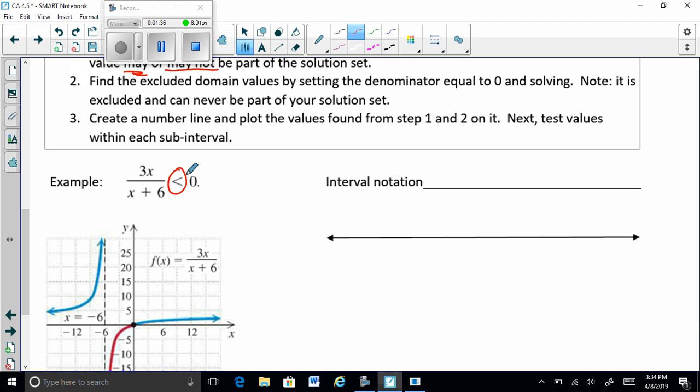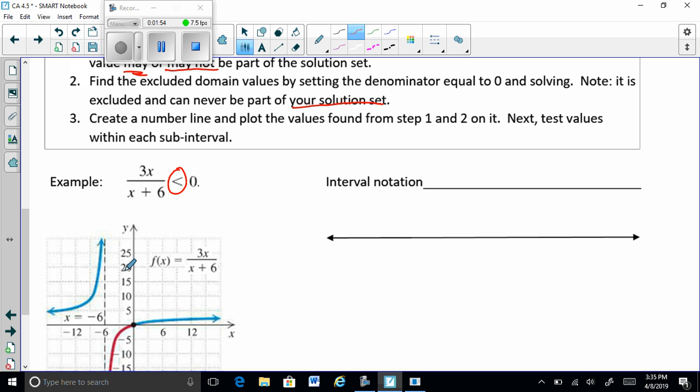And so to do that, you set the denominator equal to 0. And so you solve that. Now that's definitely going to be off limits, okay? So it says note, it is excluded and can never be part of your solution set, okay? Because you can't divide by 0, so the asymptote cannot be part of your solution set.